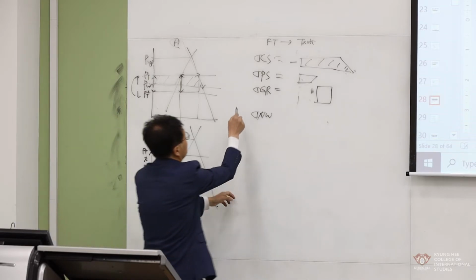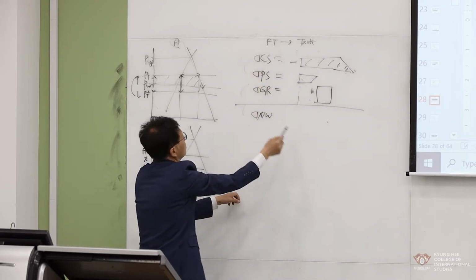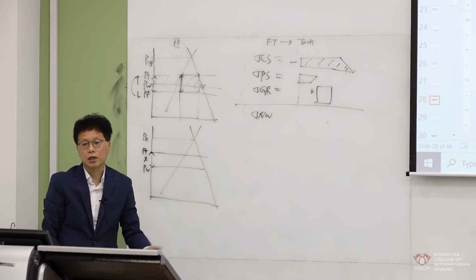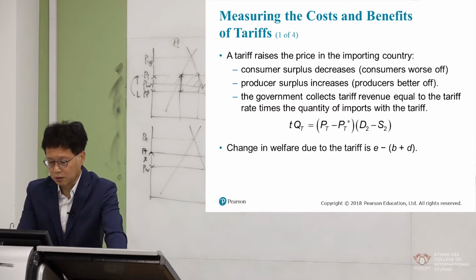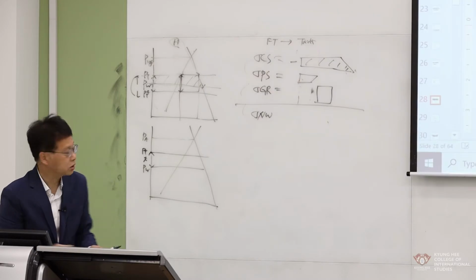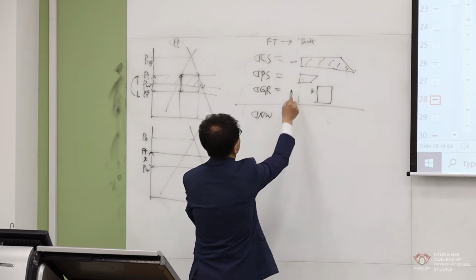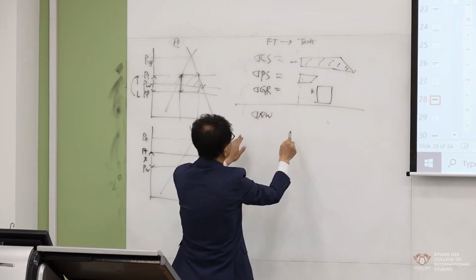So, change in national welfare is the summation of all of this. That is explained here. Consumer surplus decreases, producer surplus increases. The government collects tariff revenue equal to the tariff rate times the quantity of imports with the tariff. So that is equal to the change in tariff collection.